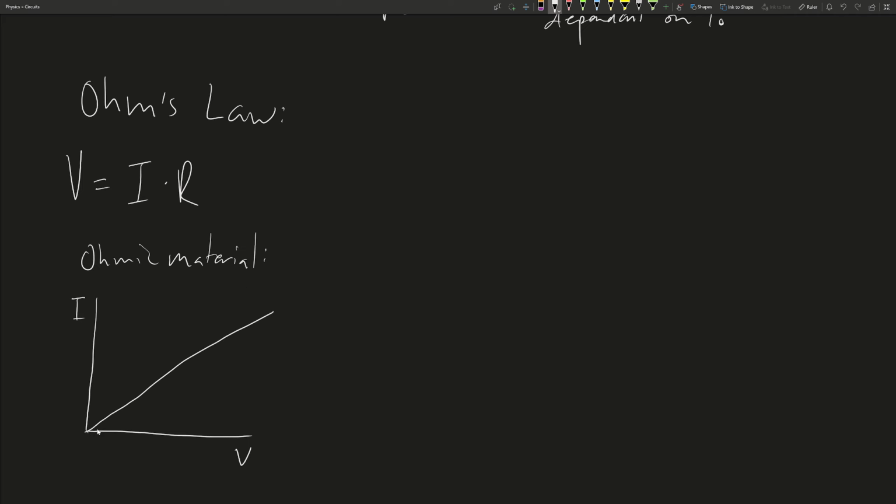As you increase voltage here, the amount of current that flows also increases proportional to voltage. We can see that this is true because you can rearrange this to be current is equal to voltage divided by resistance, where 1 over R is the slope of this graph.